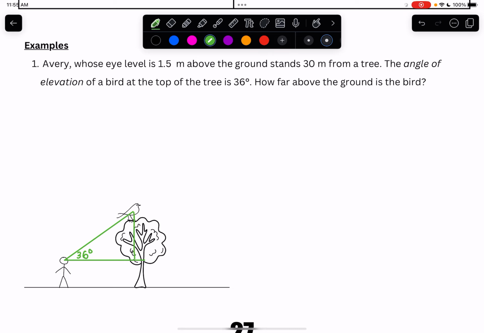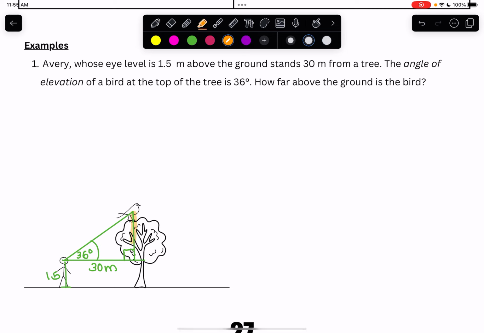If we look, we now have formed a right angle, so we have a right triangle. Avery is 1.5 meters above the ground, and he is 30 meters from the tree. We're asked how far above the ground is the bird.